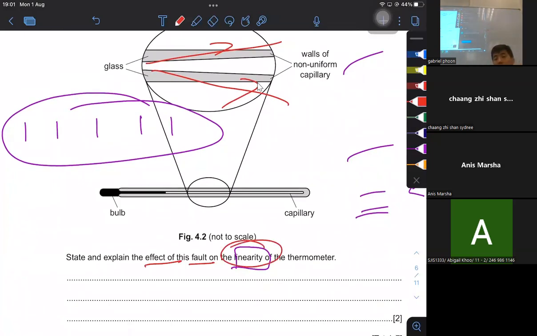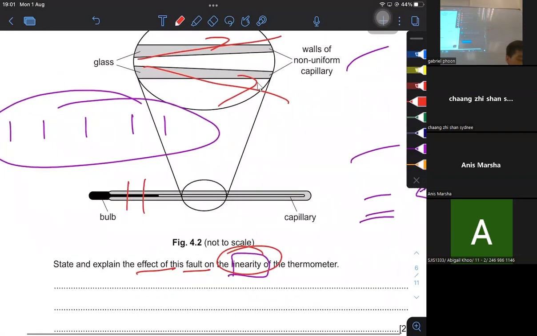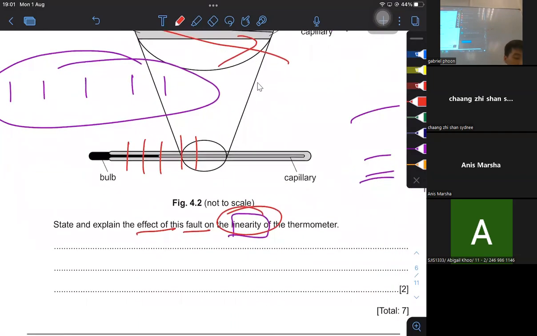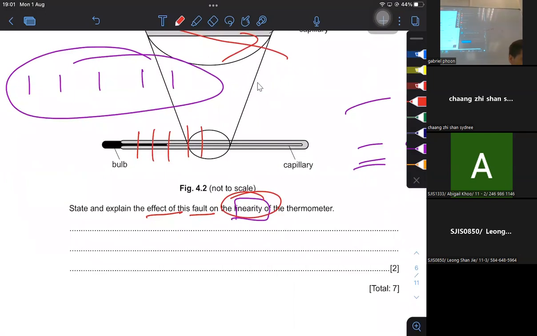How is the linearity going to change? Yeah, the linearity is definitely going to decrease, right? Why? Because there is a non-uniform amount of liquid moving in different sections of the capillary tube, guys, which is obviously not going to give you equal spacing between the readings, right? So your statement is: linearity decreases.